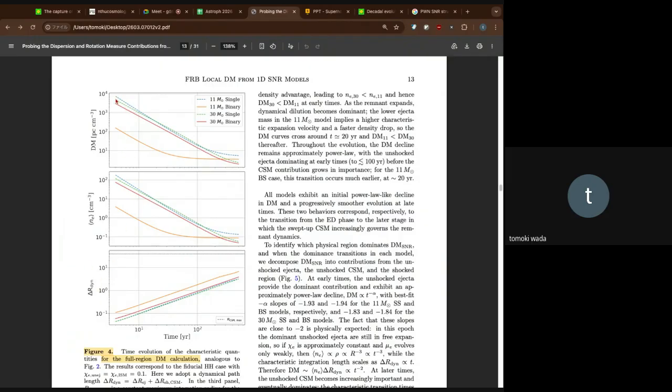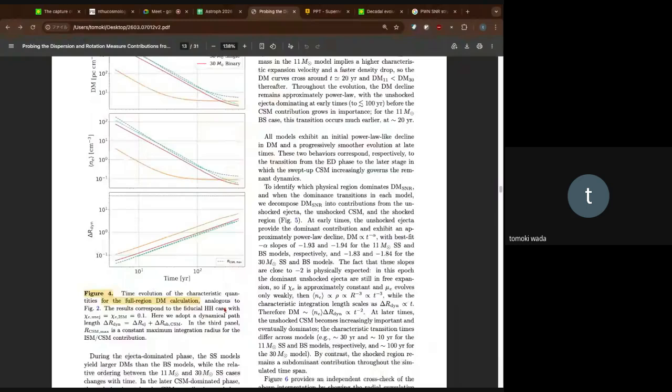They calculate this trend, and the DM decreases along time, on a time scale of about 100 years or so.